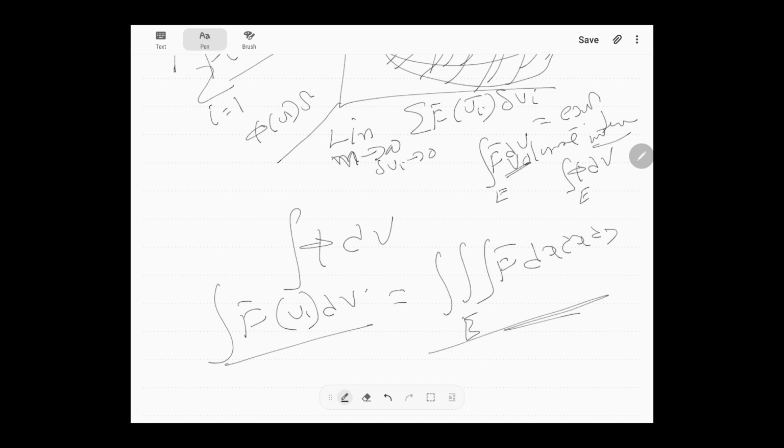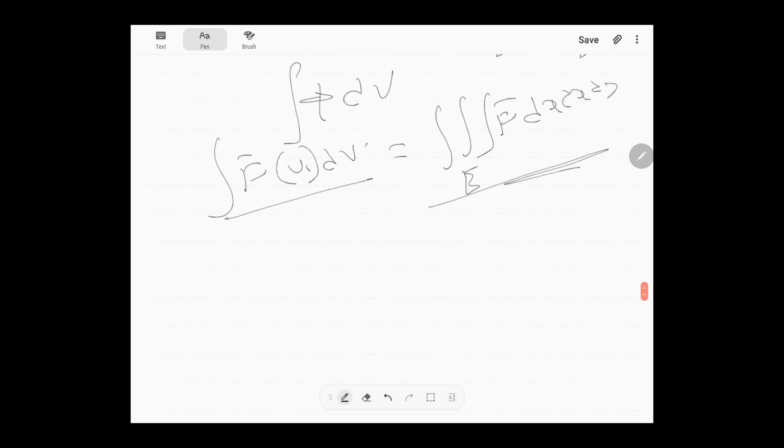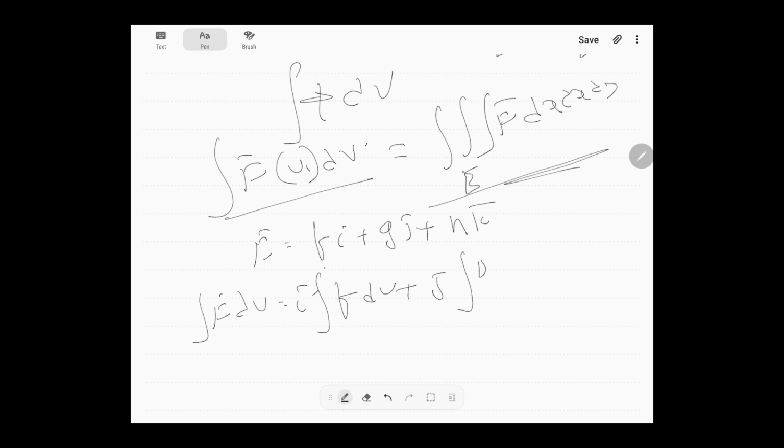So this is simply, if your f bar is f i bar plus g j bar plus h k bar, then your integral over f bar dv will be i bar times integral of f, which is a function of xyz, dv, plus j bar times integral g dv, plus k bar times integral h dv, or otherwise this integral can also be written as triple integral f dx dy dz.